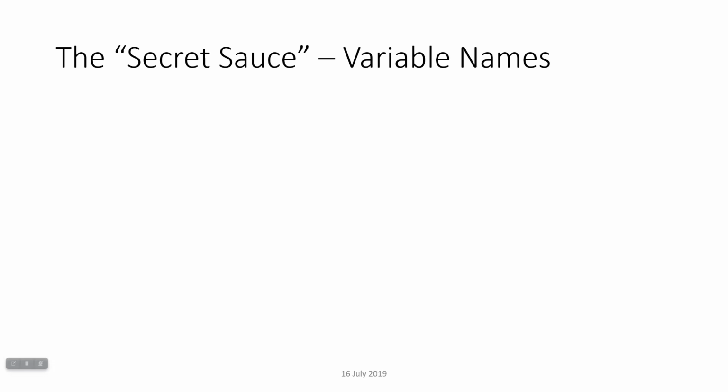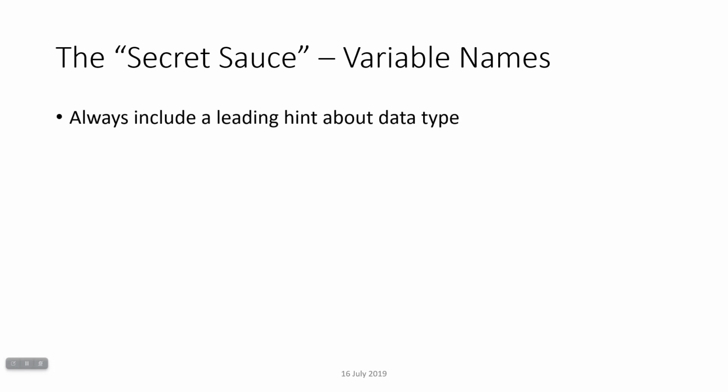A variable name ideally should always include a leading hint about the data type. So you might have a whole number, which would be integer. So int could be the way that you start the name for a variable that stores whole numbers, or str for string, if you're storing a string of characters, letters, and symbols. So text, right?